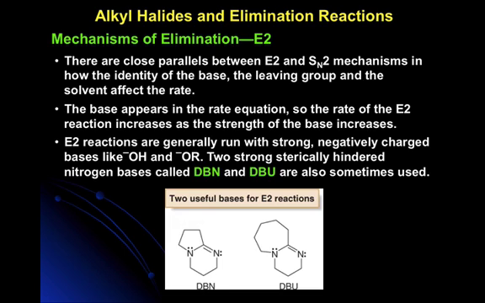Two other bases that you need to know that are very useful for E2 reactions, okay? Diazobicyclononane and diazobicycloundecane. Do not try to memorize that name. All I care about is that you know DBN and DBU. They are both non-nucleophilic bases.